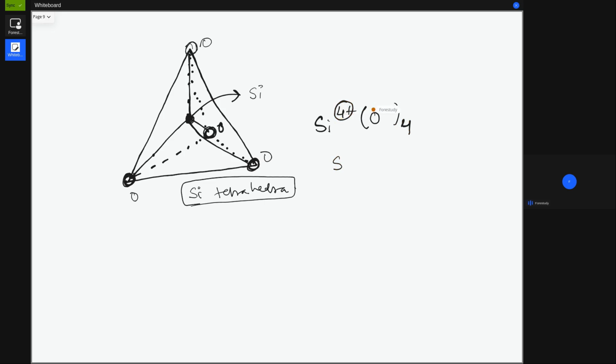If you are not from a science background, don't bother about this. But for science students or engineering students, this is the oxidation state plus 4, minus 2. I think you know this. Then SiO4 minus 4. Okay.